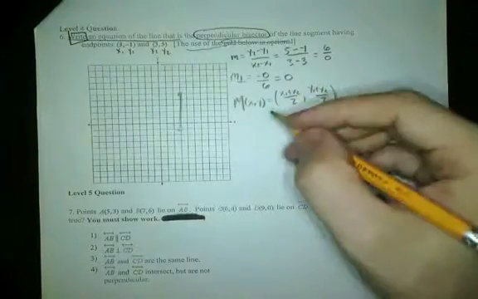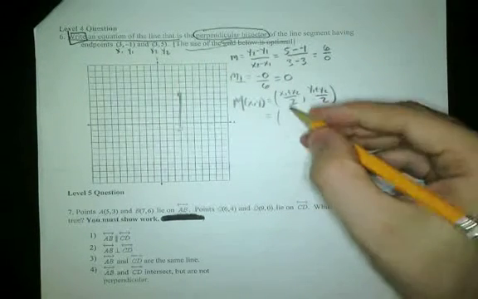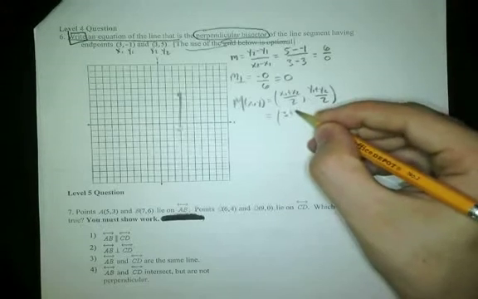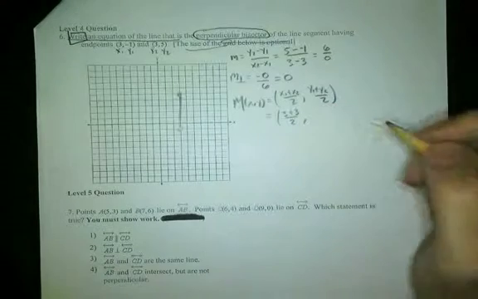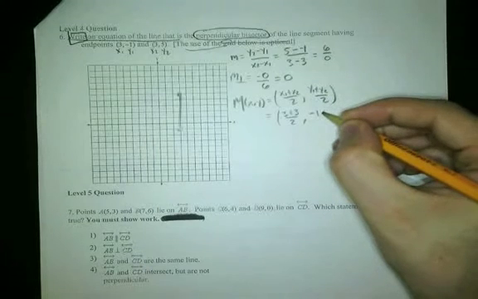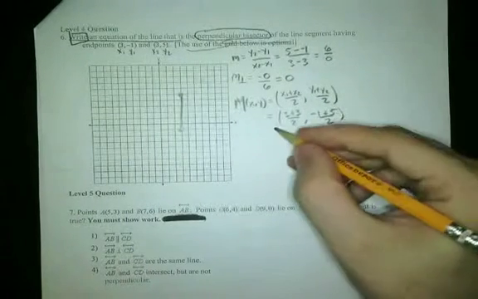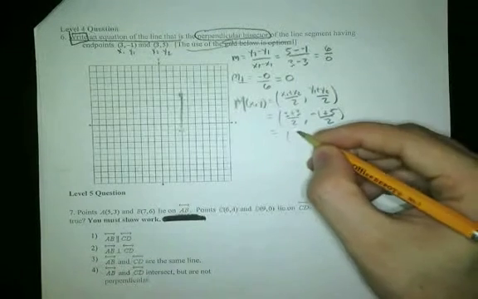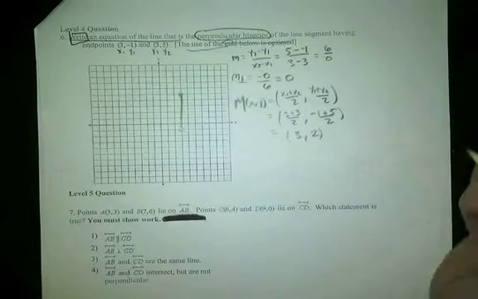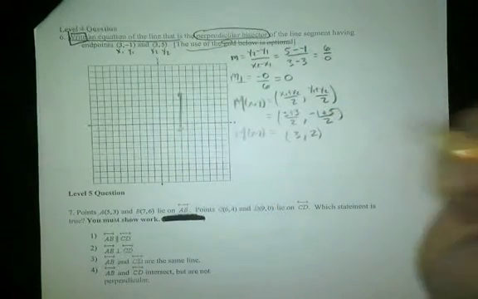In this problem, x is 3 plus 3 over 2, y is negative 1 plus 5 over 2. This ultimately gives me the point (3, 2). So this is where the midpoint is.